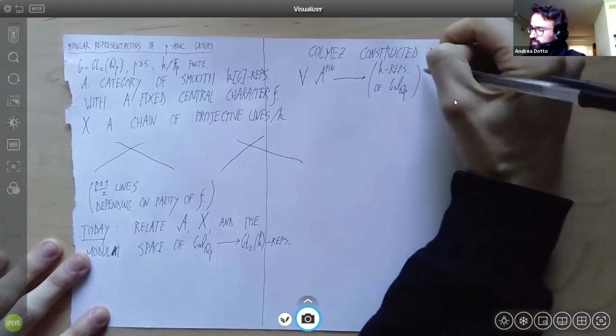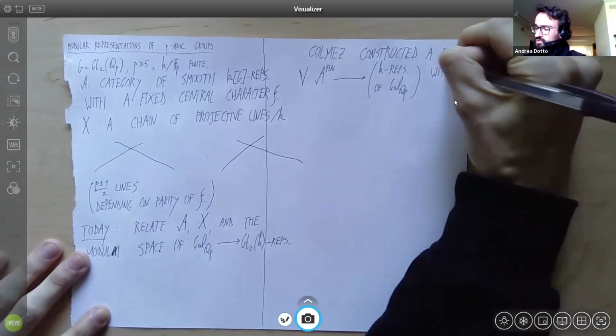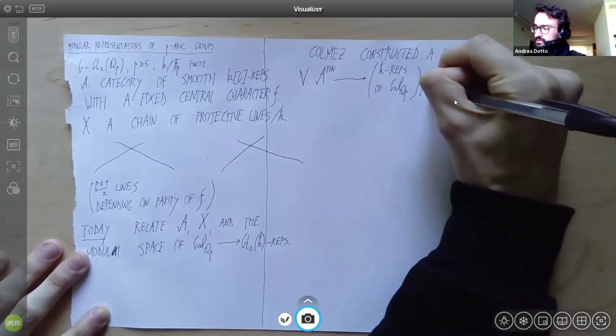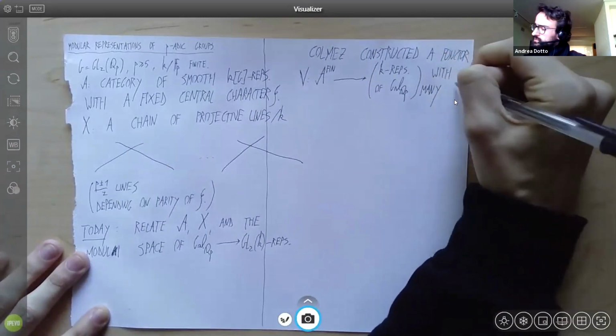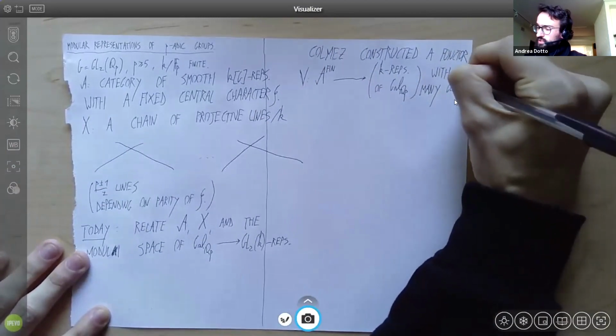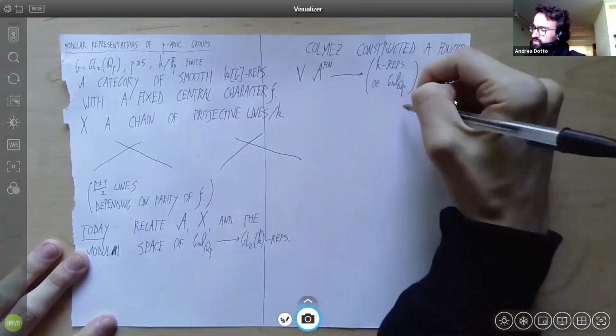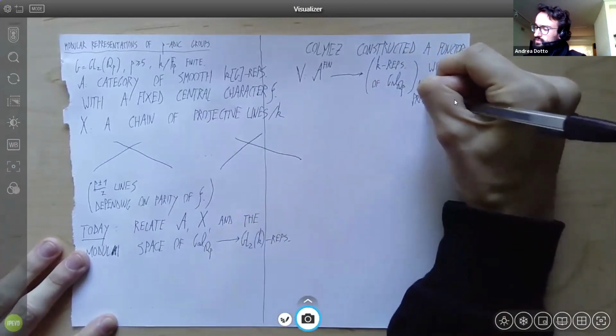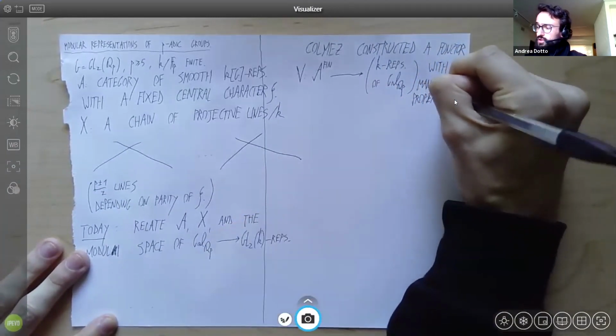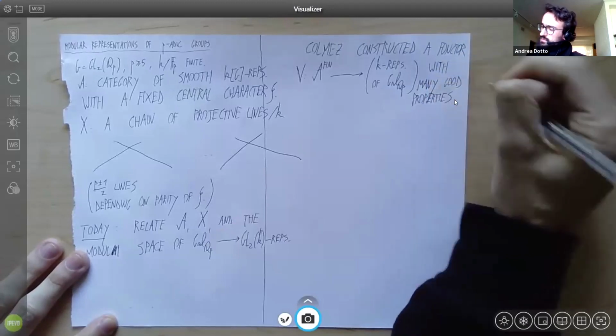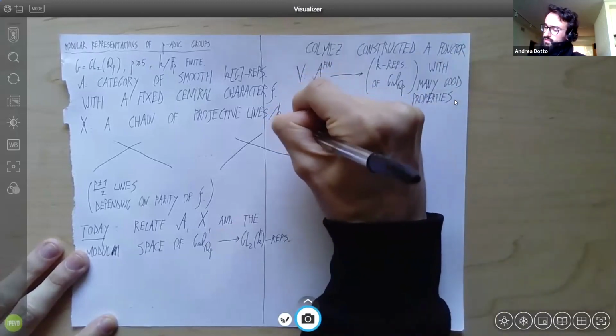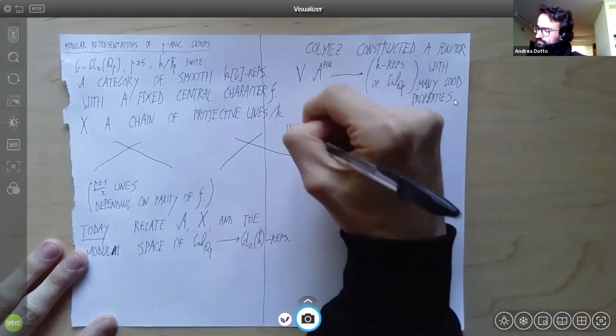And this has many good properties, which I am not going to be able to list in entirety right now, but I just want to recall one of them, possibly the most important one, which is the local-global compatibility property with the completed homology of modular curves.